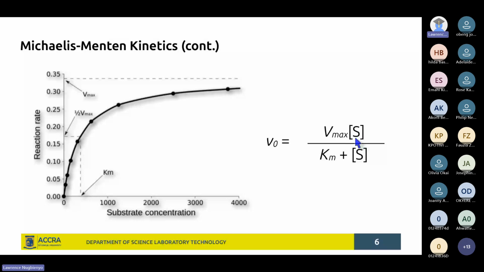Now, they also came up with what they refer to as the Michaelis-Menten constant, which is represented here, Km. That's the substrate concentration at which half of the maximum rate of reaction is reached. Now, how do they derive all of this?